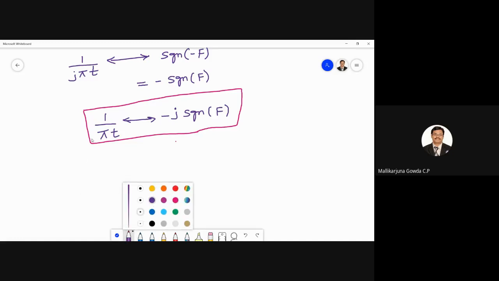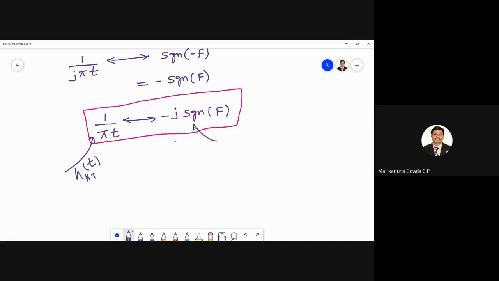So what I can say is this will be the impulse response of the Hilbert transform in time domain, h_HT of t. And this one will be the Fourier transform of the impulse response of the Hilbert transform, which I used to represent as H_HT of f.